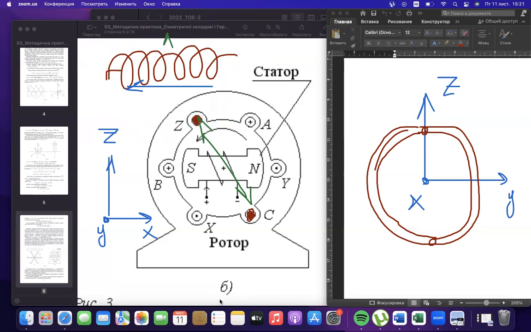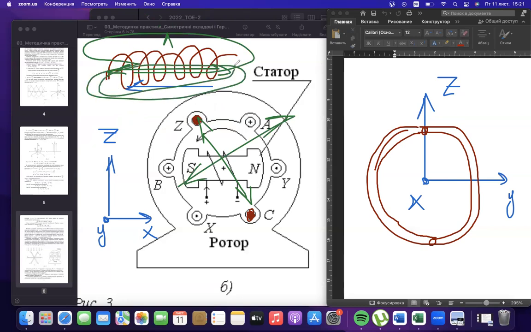If the direction is similar in this situation, then the whole magnetic field moves through the coil, and that is why the amount of voltage will be maximum.